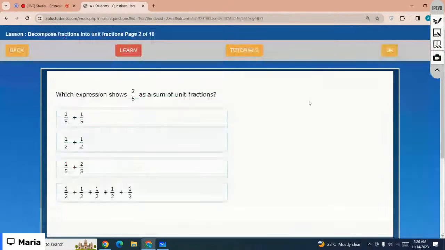Okay, the next one is which expression shows 2 by 5 as a sum of unit fractions? Which is the correct option?